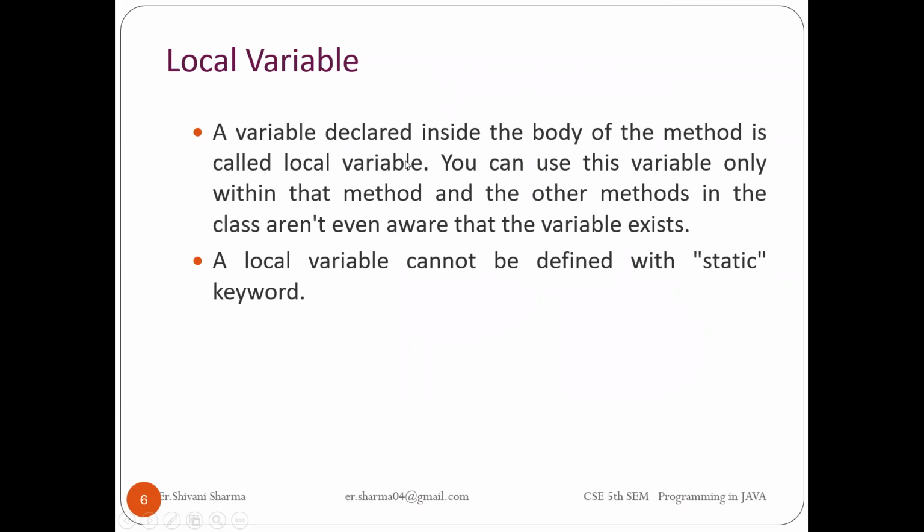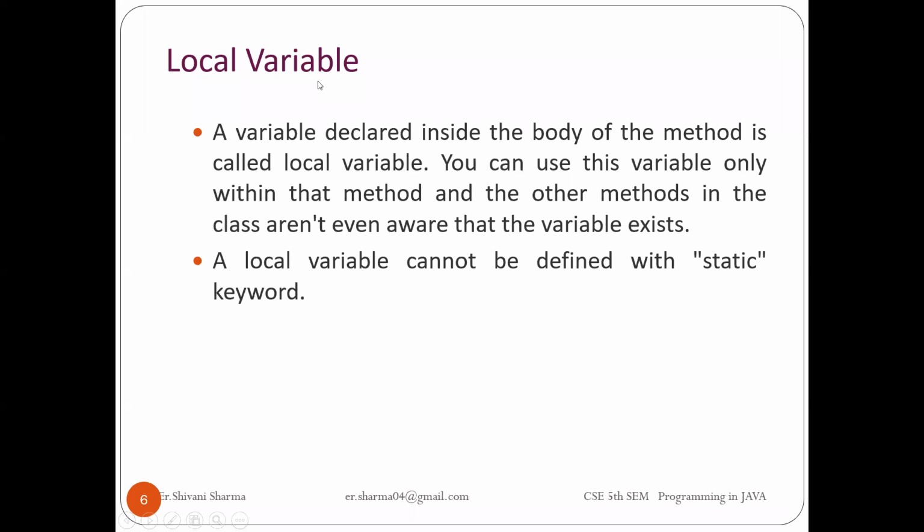Local variables are declared inside the body of a method. Method means function. These are called the local variables. And you can use these variables only within that method. Other methods in the program are not even aware that the variable exists. I repeat, the local variables can be used within the method only.